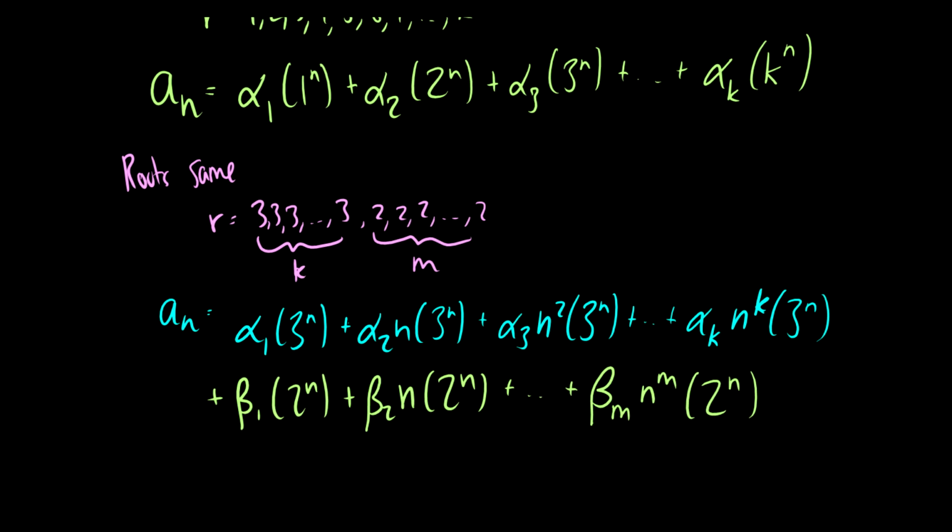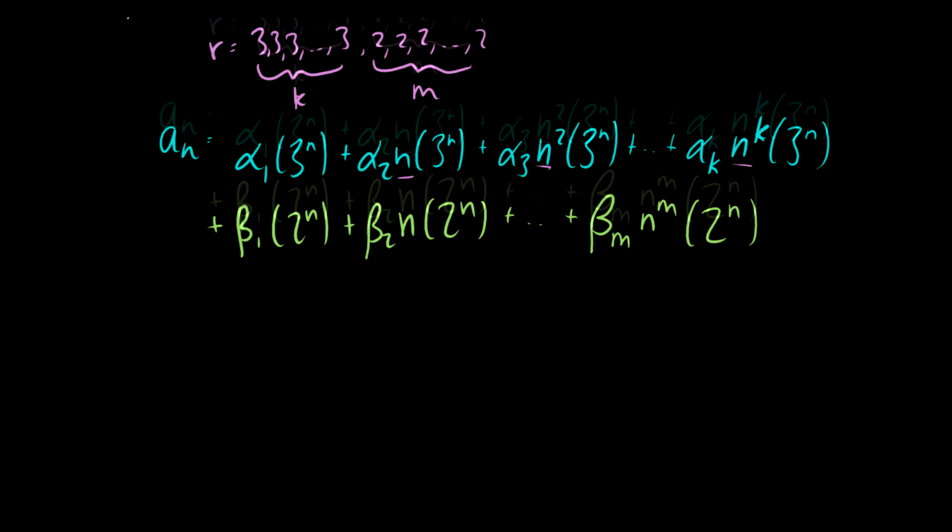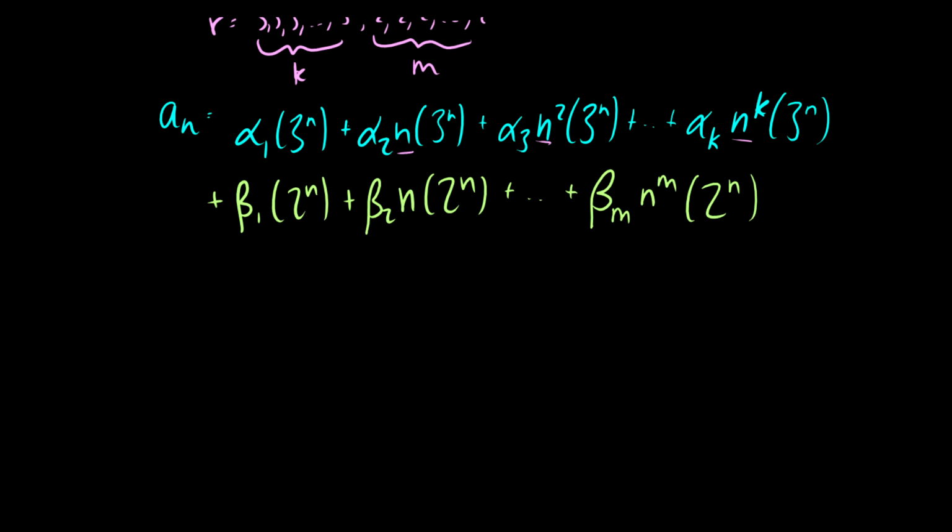So a little bit of heavy notation, but I hope you get the concept that you have to multiply by powers of n according to the number of repeated roots you have. So that way, let's say we have, for instance, alpha 2 to the n plus beta 2 to the n.